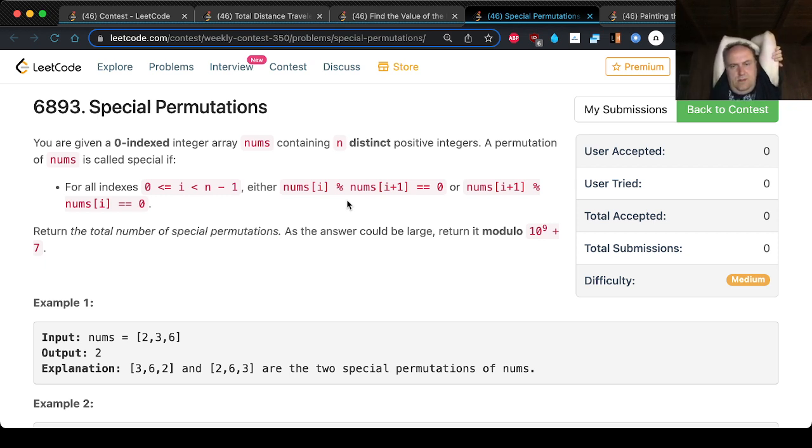So nums i. Okay, so if one is divisible by the other one.